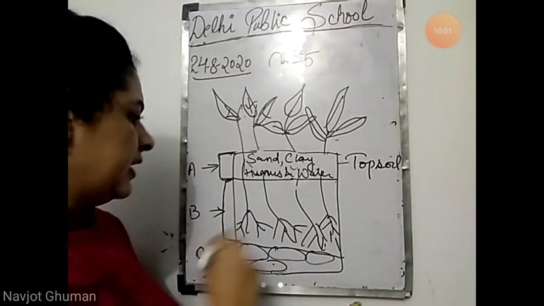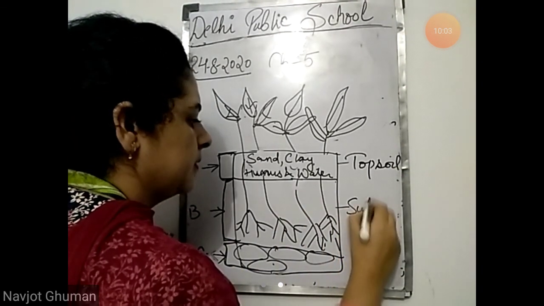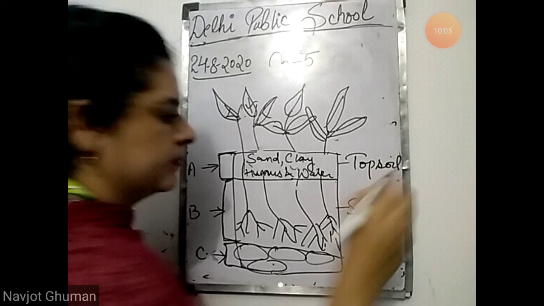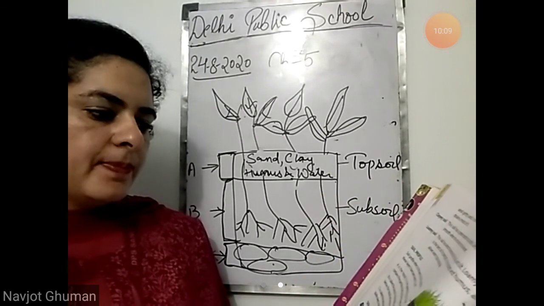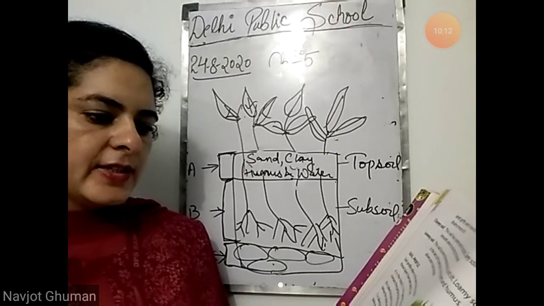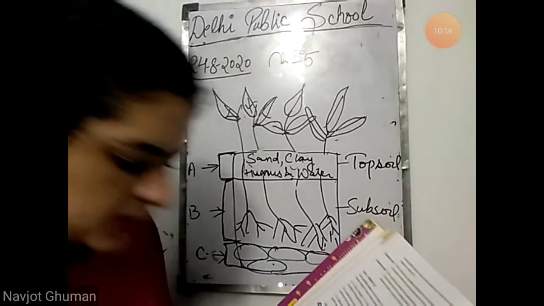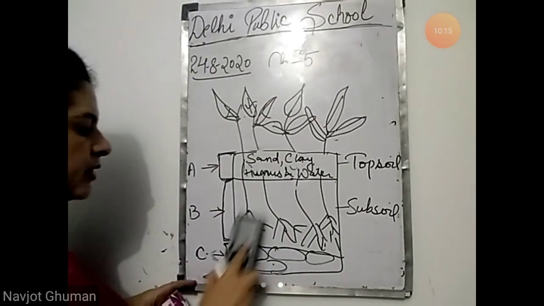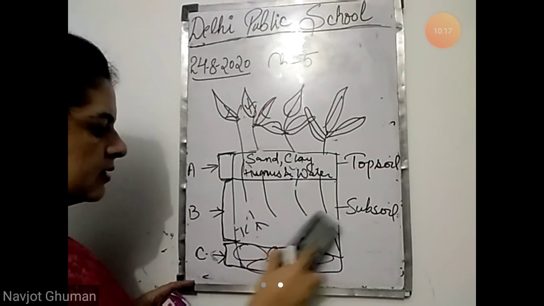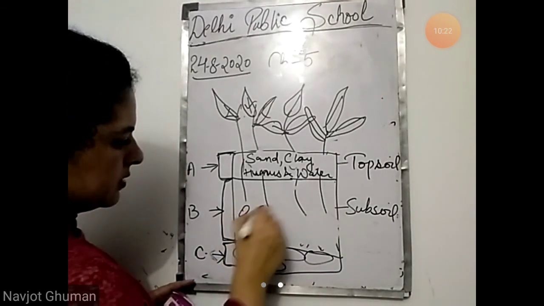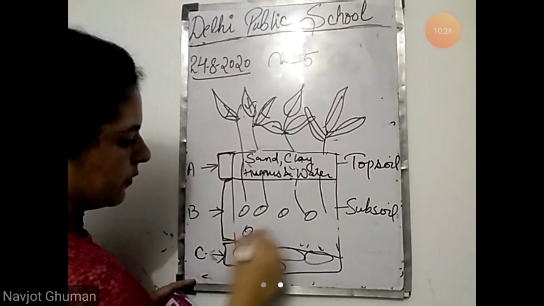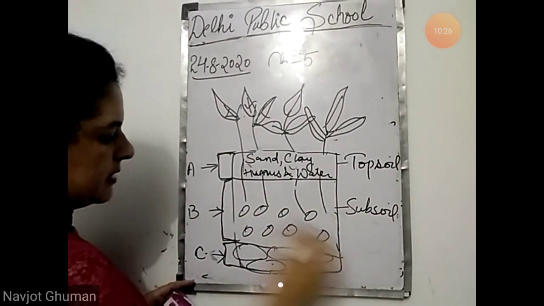Second is the B layer, that is called the subsoil. It is the middle layer of the soil, present below the topsoil and contains broken pieces of rocks. Now what is present over here? Broken pieces of rocks. Small pieces of rocks that are present in this layer.